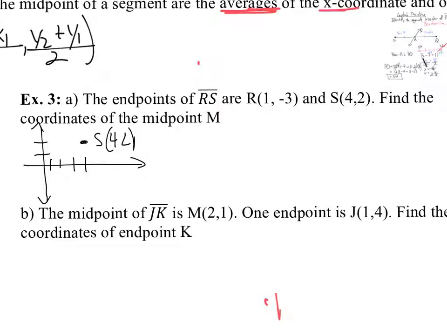And then I need another point, point R, so I have 1, negative 3, 1, 2, 3. So that point's down here somewhere, R, 1, negative 3. This will be a little easier for you to draw than for me to. A little bit difficult to actually draw these points.